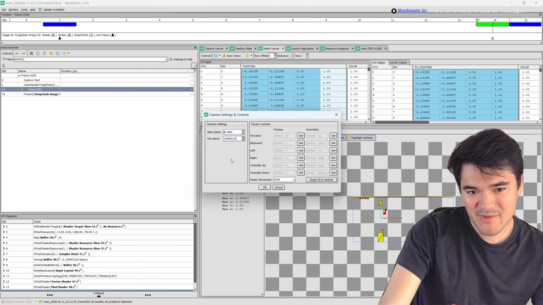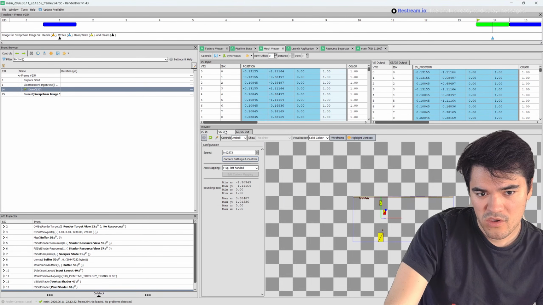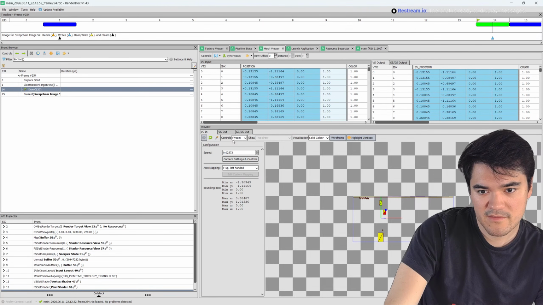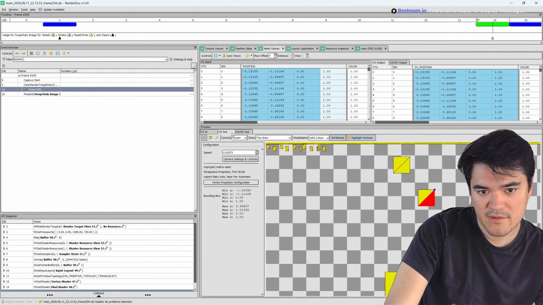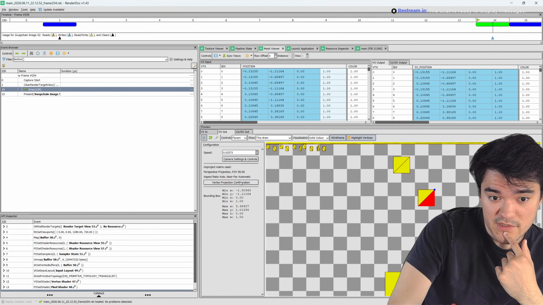Near plane, far. Huh, why does that not work? Oh well. Unproject matrix used.